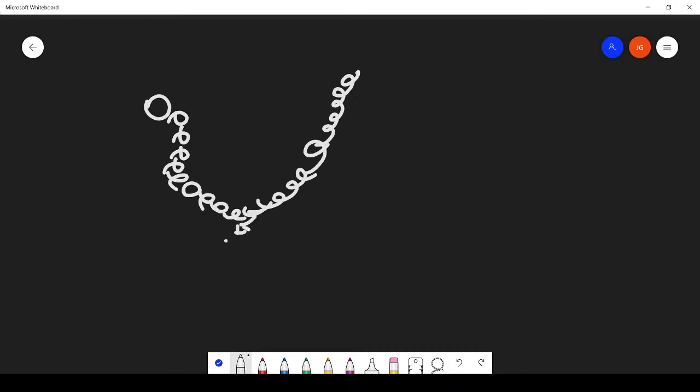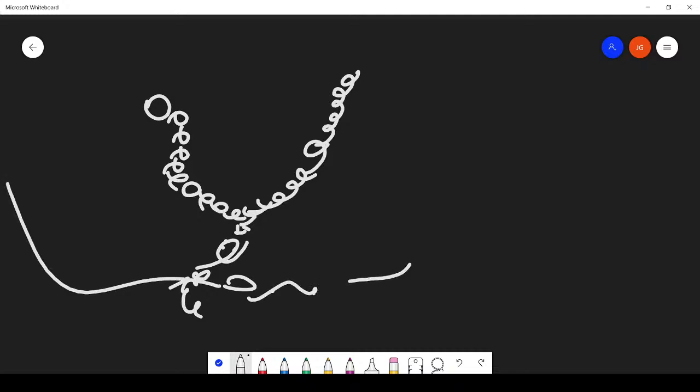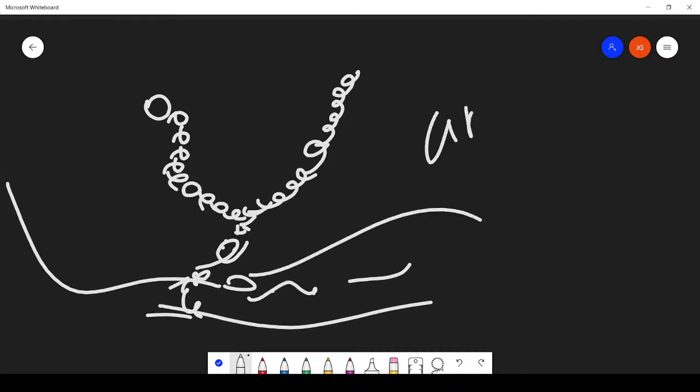If you have these long branching chains of starch, you have one form. I don't remember the name. I should know the name off the top of my head. What's the name for this thing? If you have branches going out like this, we call this amylopectin.